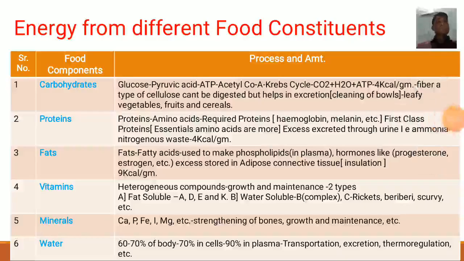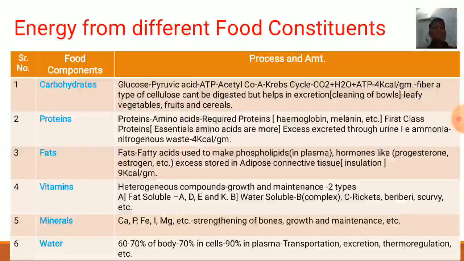Dear students, now we study the next point, energy from different food components, and the process and amount of energy we obtain from these components. First, the food component carbohydrates.